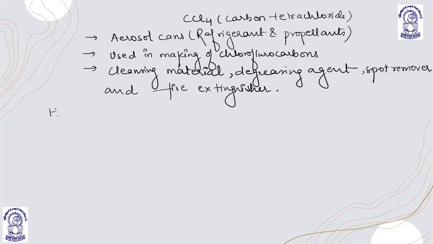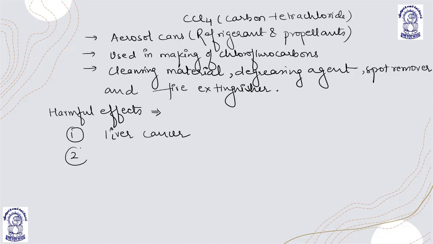Harmful effects include liver damage or liver cancer, while the effects on the central nervous system are almost the same as those of dichloromethane and chloroform, and can lead to permanent damage to nerve cells.